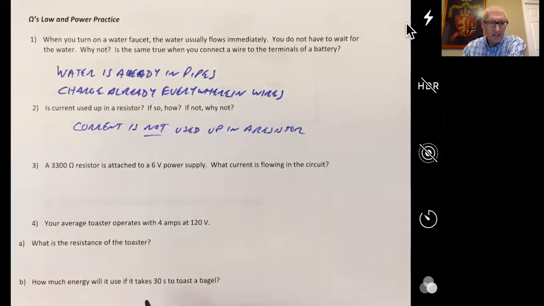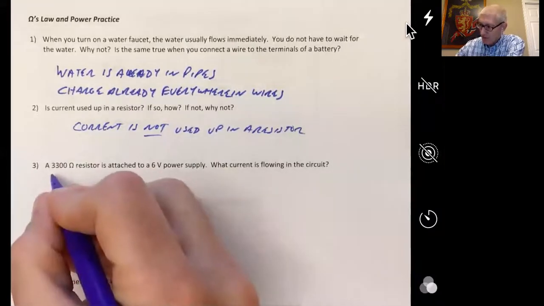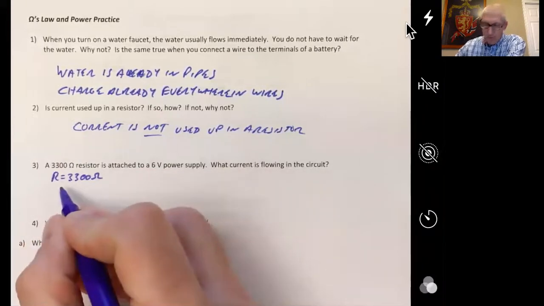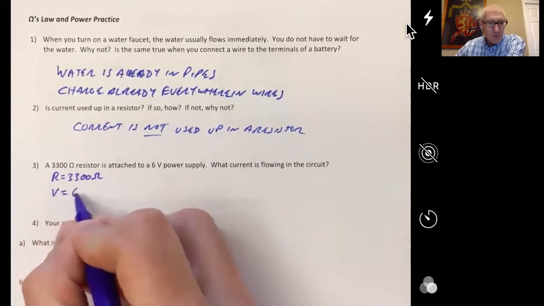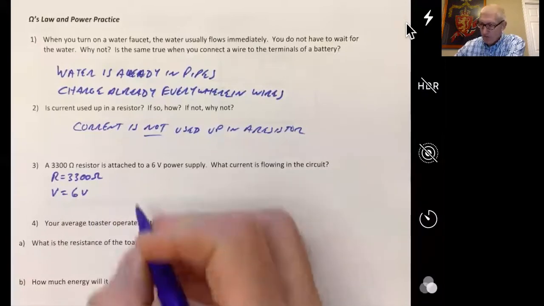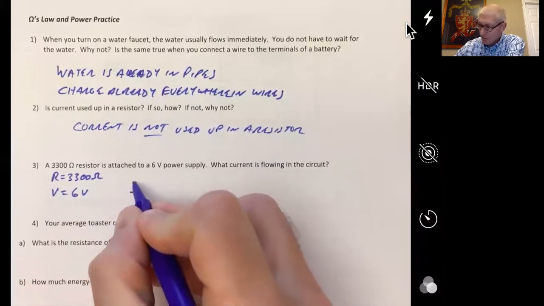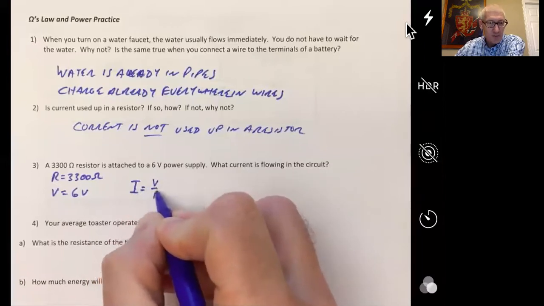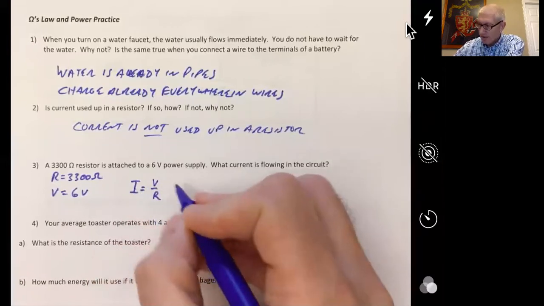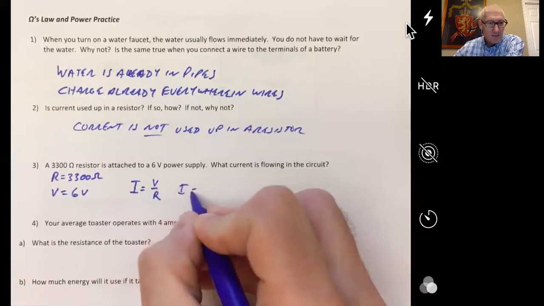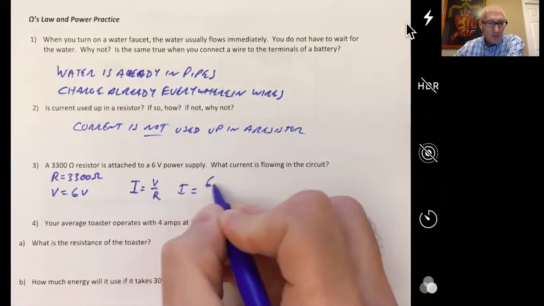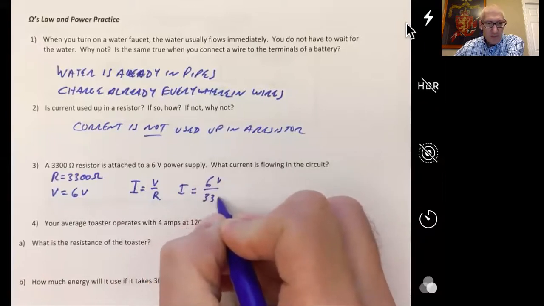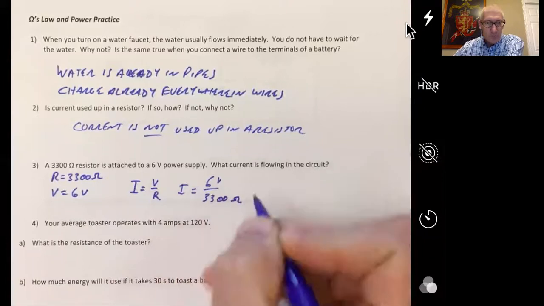All right, now we start getting into some problems. I'm giving you a resistance of 3,300 ohms and a voltage of 6 volts. If I want to find current, we go to Ohm's law: I, current, is equal to voltage over resistance. So I is equal to 6 volts over 3,300 ohms.